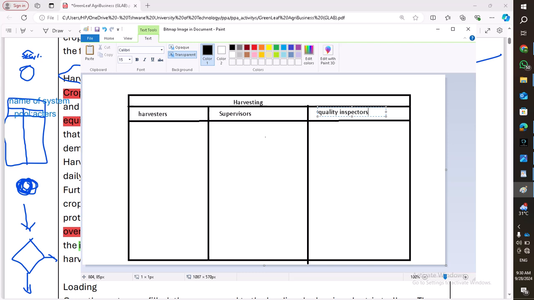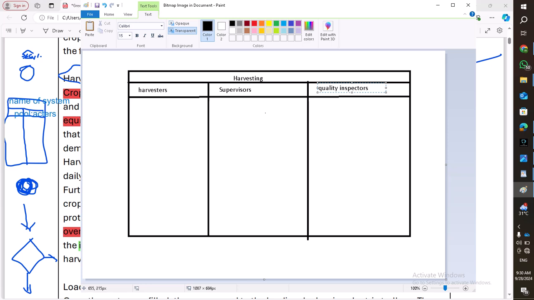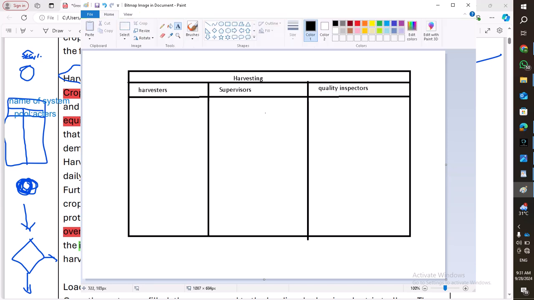Now we have the name of the system, which is harvesting, and the names of the actors: harvesters, supervisors, and quality controllers.